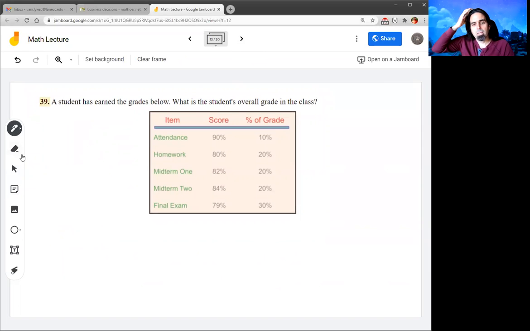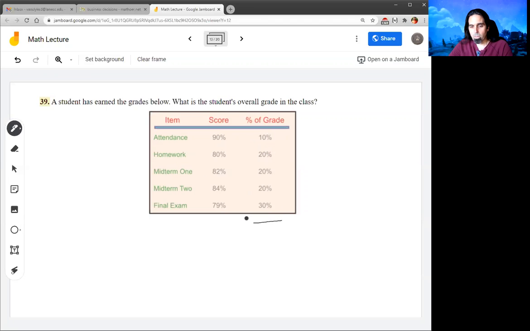We're going to take the value for each outcome, and we're going to take the percent chance that it's given as a weight. So attendance only has a 10% weight, homework has a 20% weight, and so on.